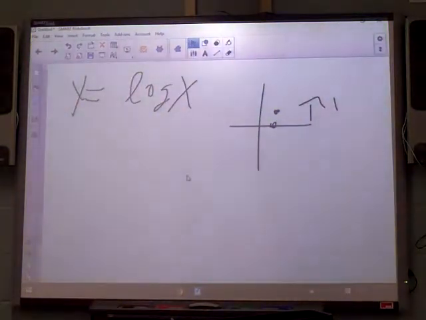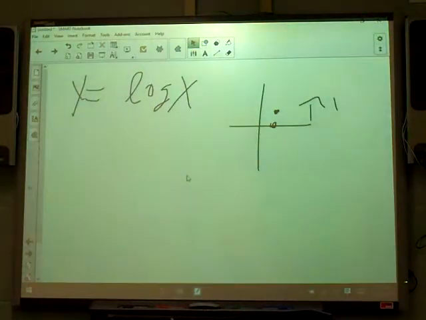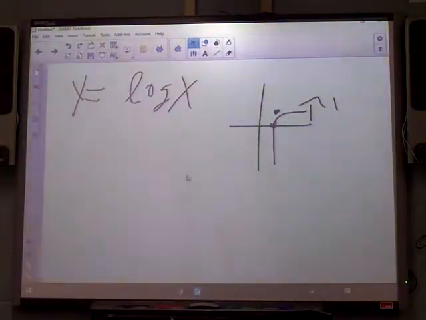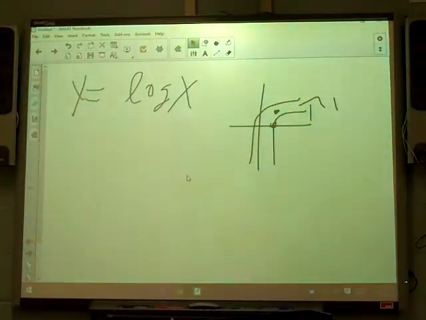Now look at the graph, though. When I graphed y equals log x, that point at (1, 0) was like that, right? And then the graph they gave me is over here, isn't it? So it's scooted left is what we're looking at. So we had to count and see how many it scooted left.